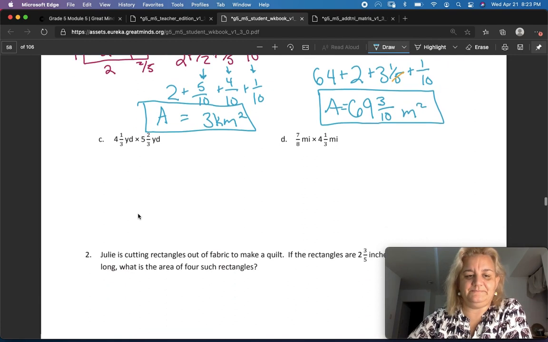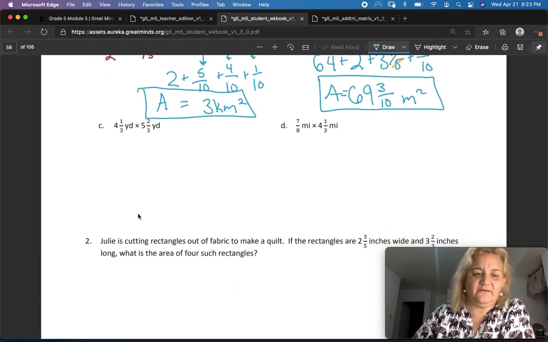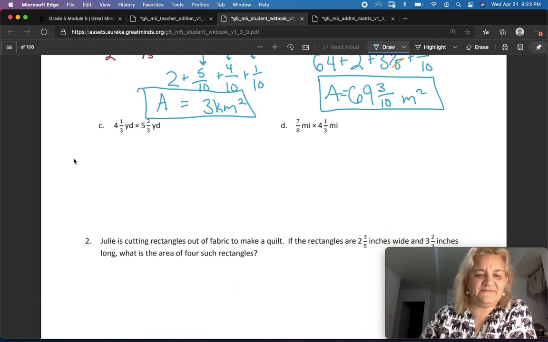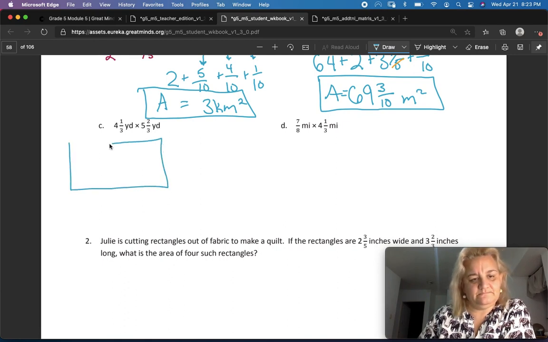Okay, next one. 4 1/3 yards times 5 2/3 yards. Okay, 5 2/3, and here I have 4 1/3.